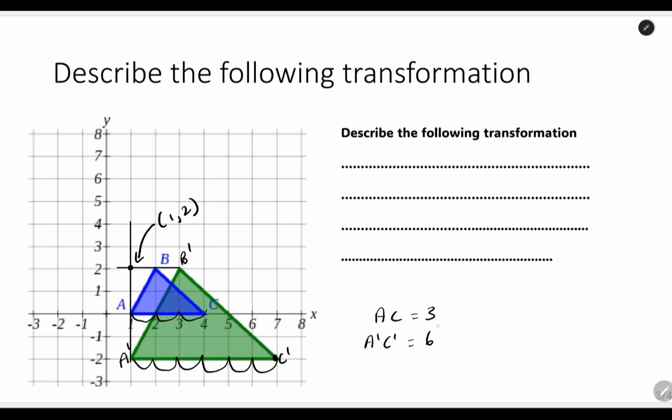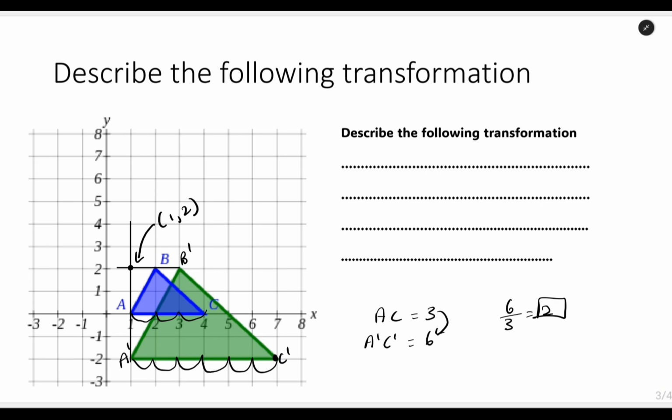So we see the scale that multiplies 3 to become 6. We can find that by simply dividing 6 by 3, and that will give you 2, because 3 times 2 is 6. So this shape has a scale factor of 2.